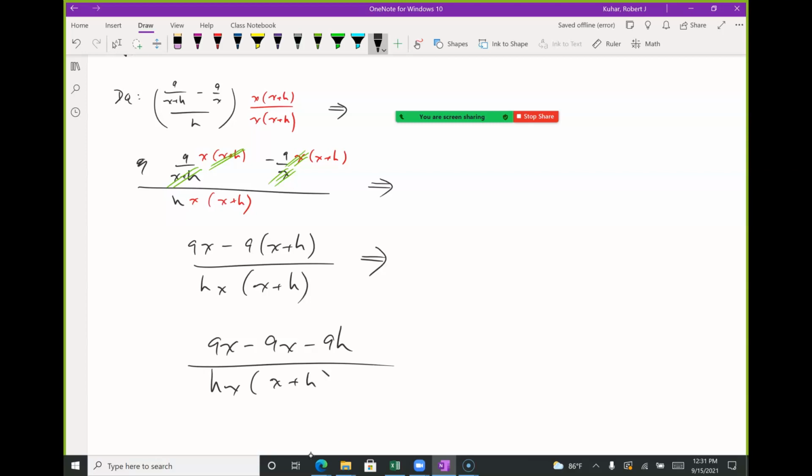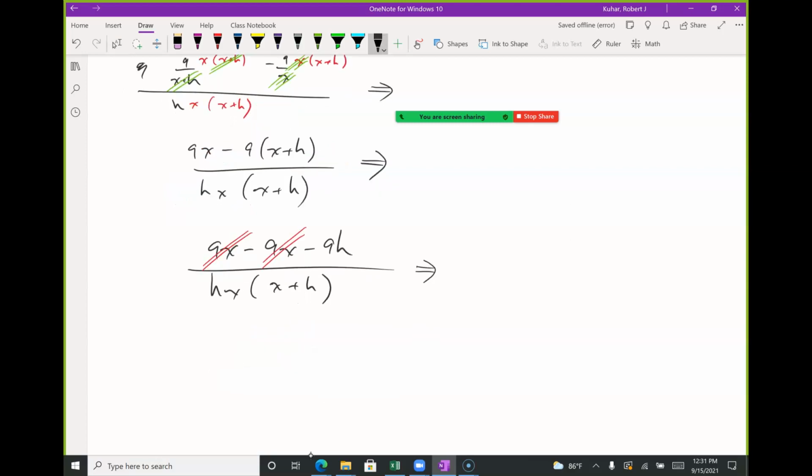Now you can see I'm back to a polynomial. I've cleared fractions, meaning I no longer have fractions within fractions. And so now I'm back to that polynomial stage, but again, you'll see that every term without an h in it will go away.